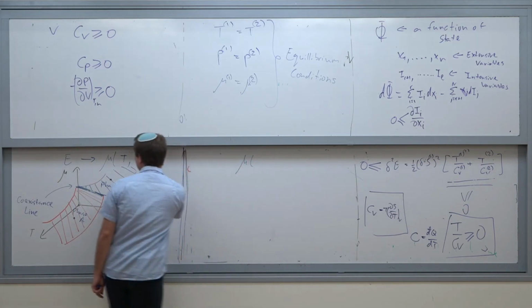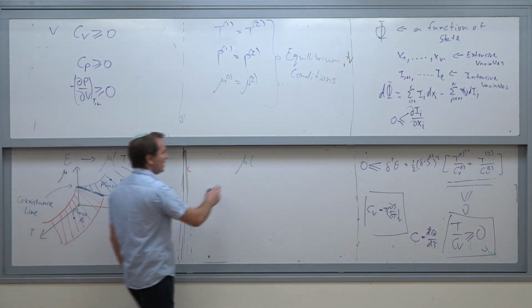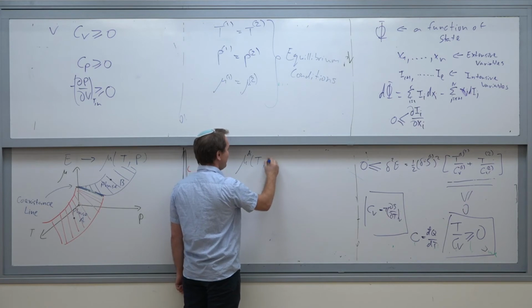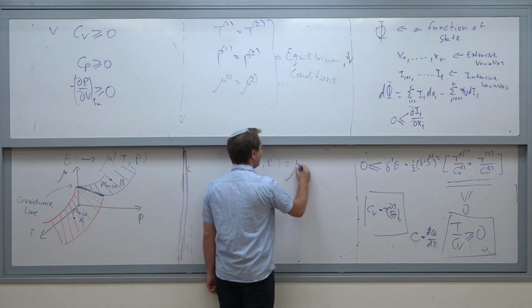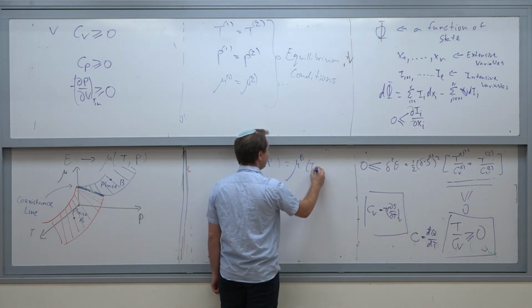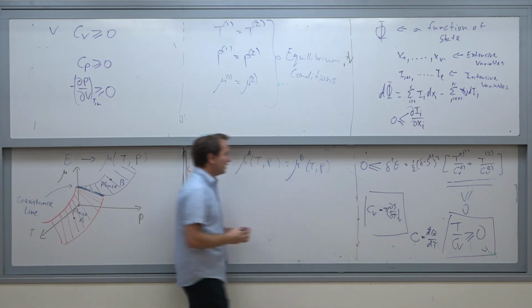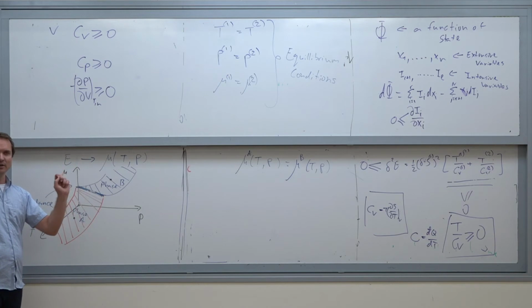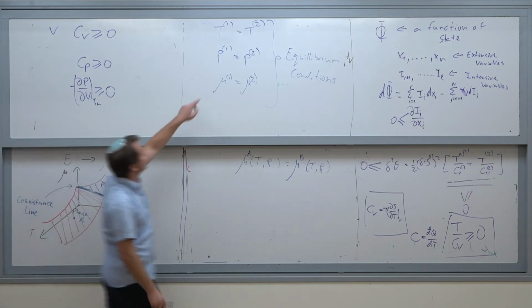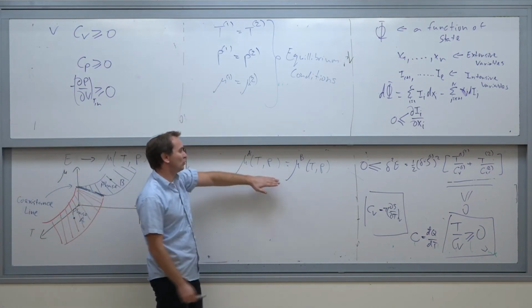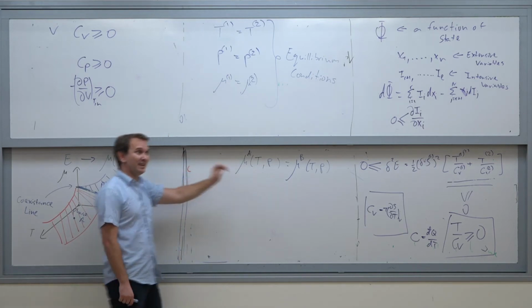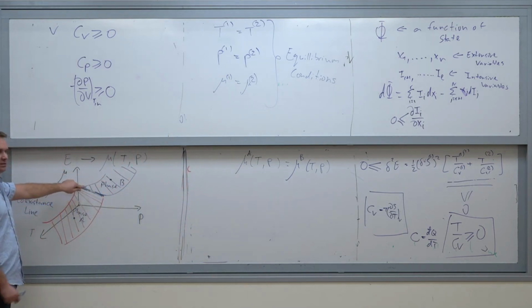In order to describe what this line looks like, we have mu A of T and P equals mu B of T and P. This is the equation that dictates that the two phases are in equilibrium. The temperatures are exactly the same, so this is the condition for equilibrium of two phases. It happens only on this coexistence line.